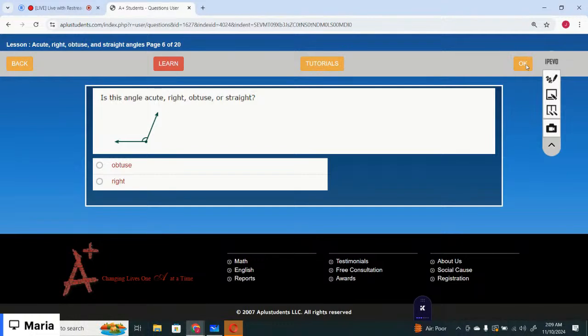Which is the correct option? That is obtuse angle, more than 90 degrees. So, that is obtuse angle.